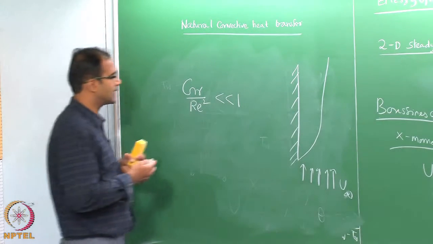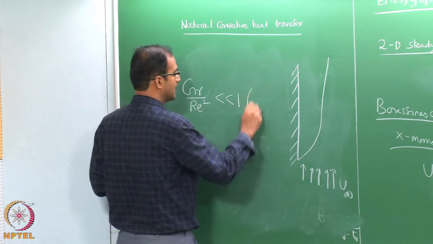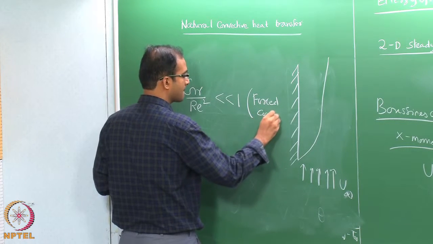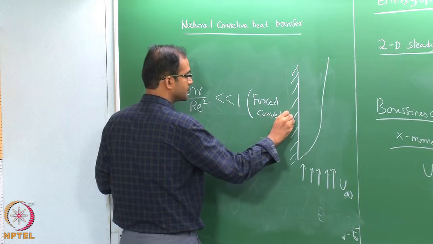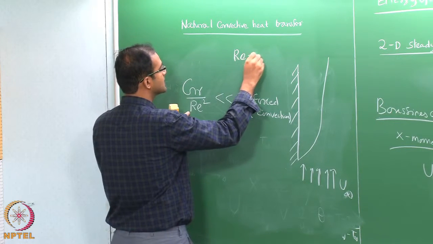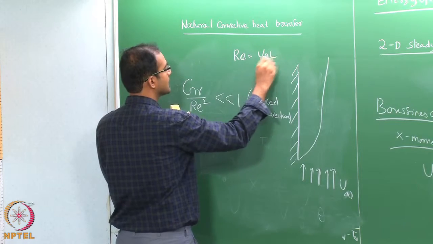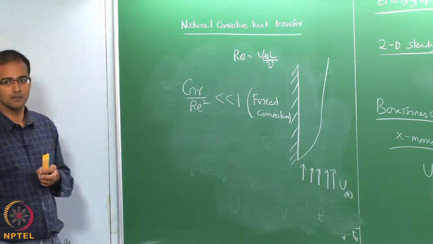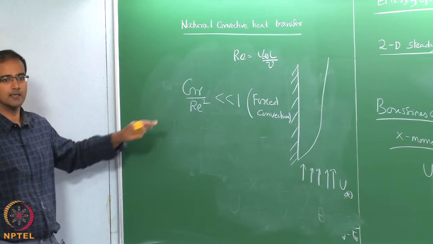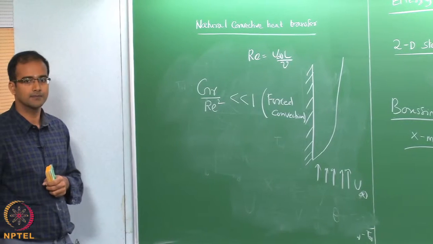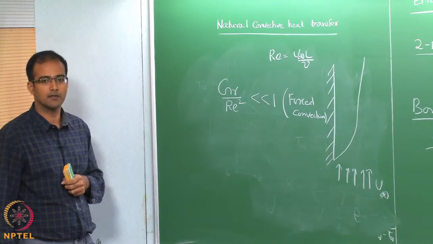So, in that case you can ignore natural convection, and therefore, this is only pure forced convection. So, remember in this case we define Reynolds number as u infinity L by nu, correct.